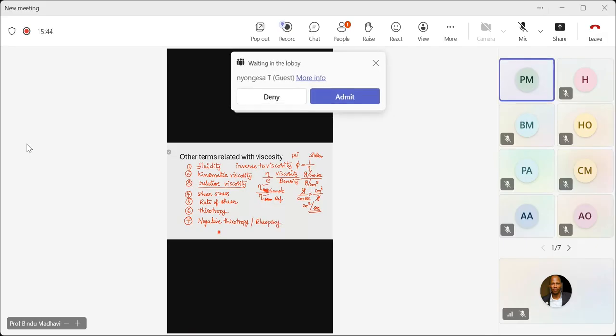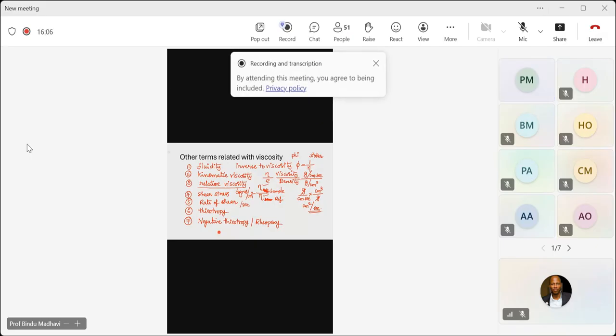Can anyone tell me what you mean by thixotropy? Do you remember what you mean by thixotropy? Something like regaining of viscosity after shear stress is removed. Yeah, it is decrease in the viscosity when the shear stress is removed, isn't it?